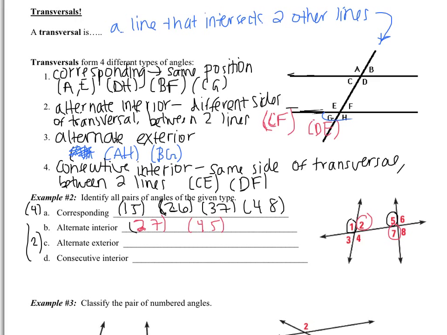And then 4 and 5. Alternate exterior would have been 1 and 8, opposite sides of the transversal, and then outside of the 2 lines, and then 3 and 6. Last one's consecutive interior would have been 2 and 5, and 4 and 7. So hopefully you got those 2 right. If not, hopefully now you see what mistake you made.